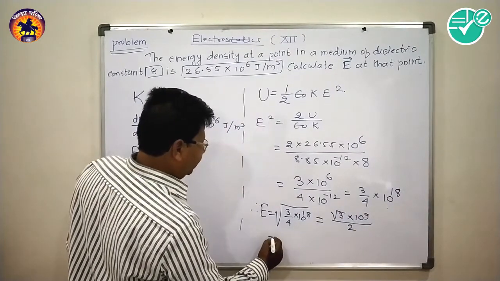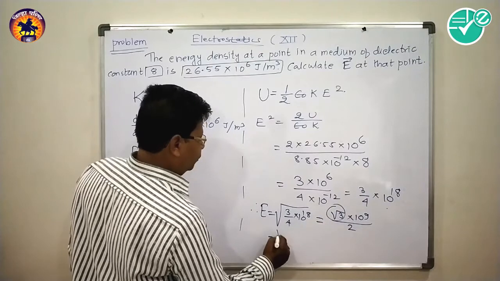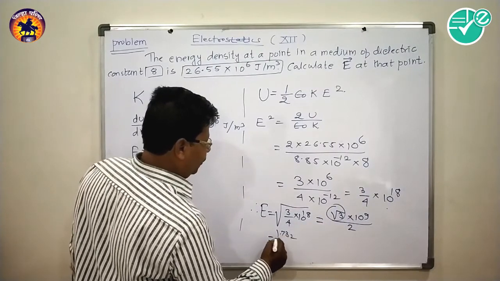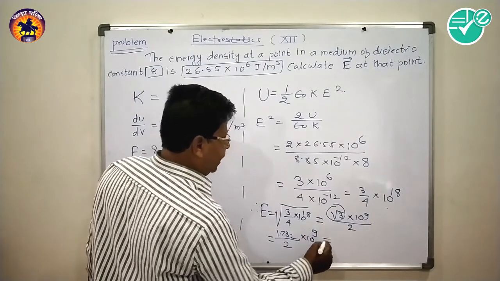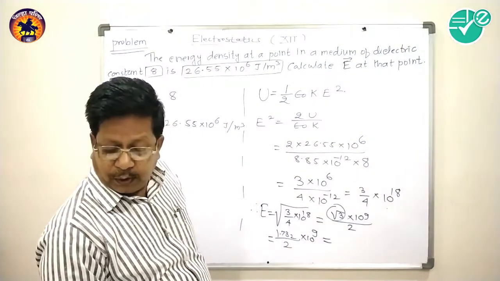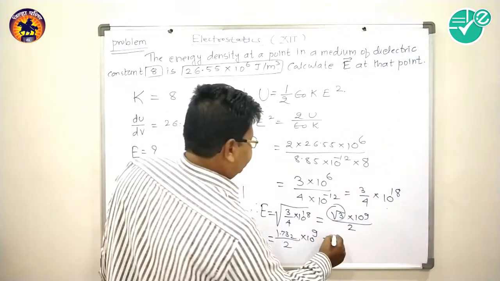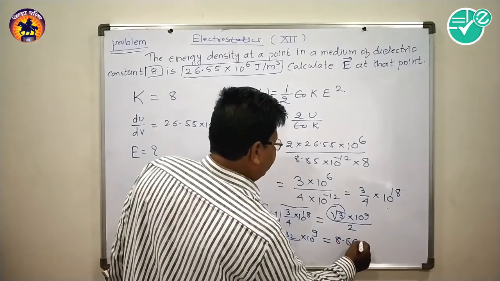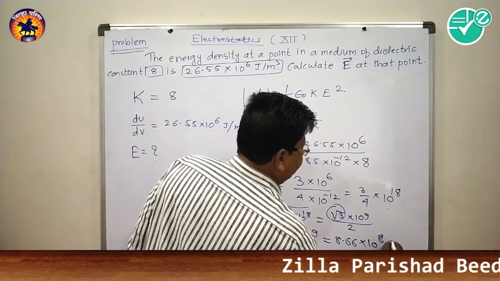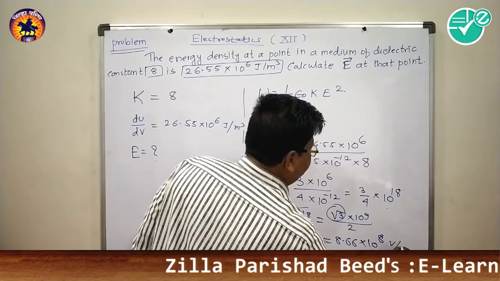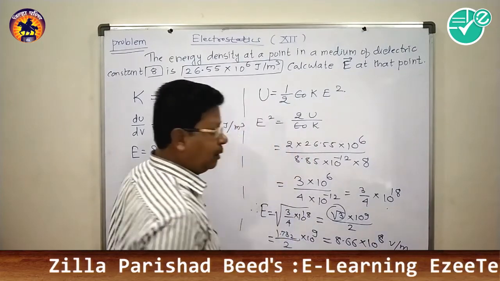And finally the value of root 3 is 1.732, divided by 2 into 10 to the power 9, and which is equal to 8.66 into 10 to the power 8, and unit is volt per meter or Newton per coulomb.